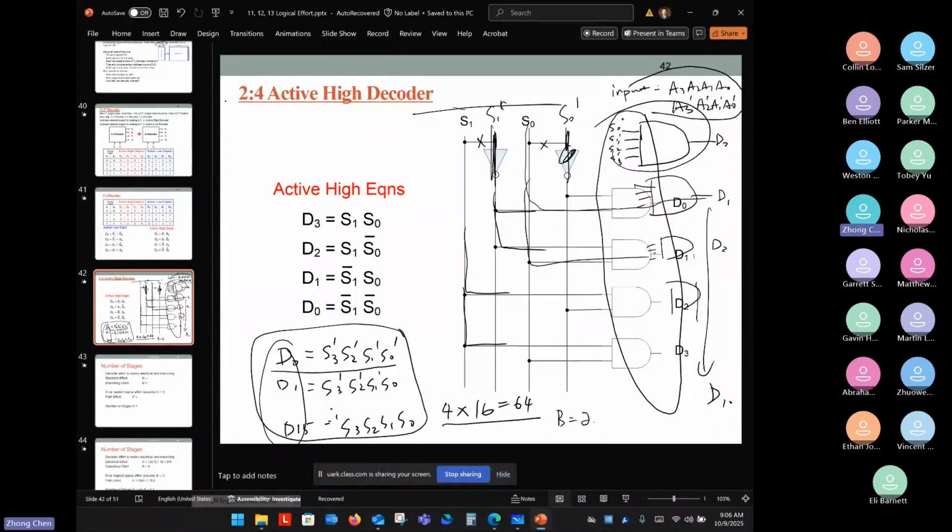Then you have a total of 8 inputs from A3 to A0 and A3 naught to A0 naught. You split them into 64, and they go to these 16 AND gates. So the branching effort will be 64 divided by 8, which is a branching effort of 8.